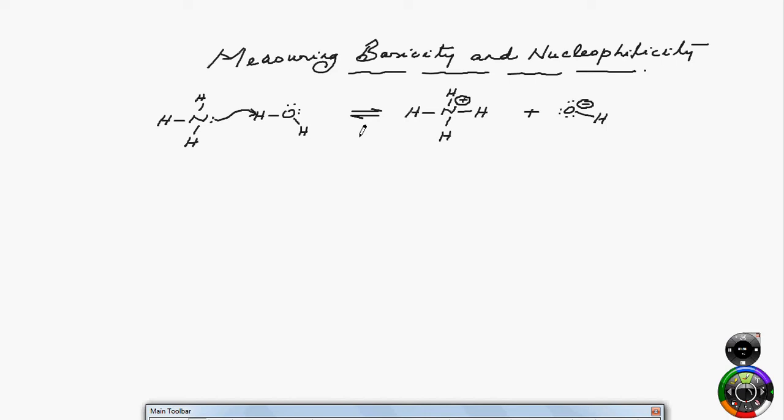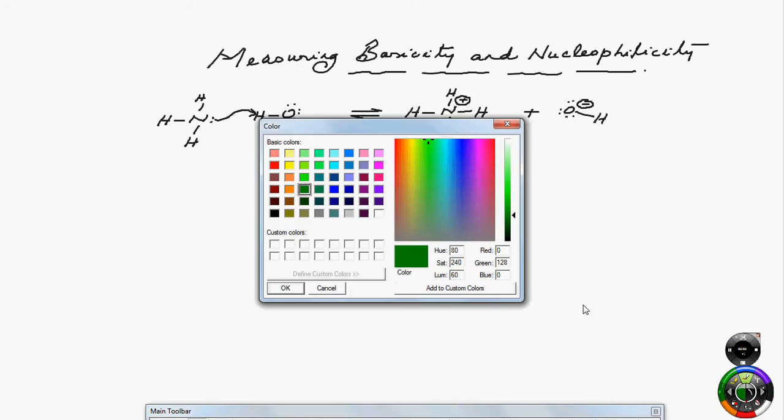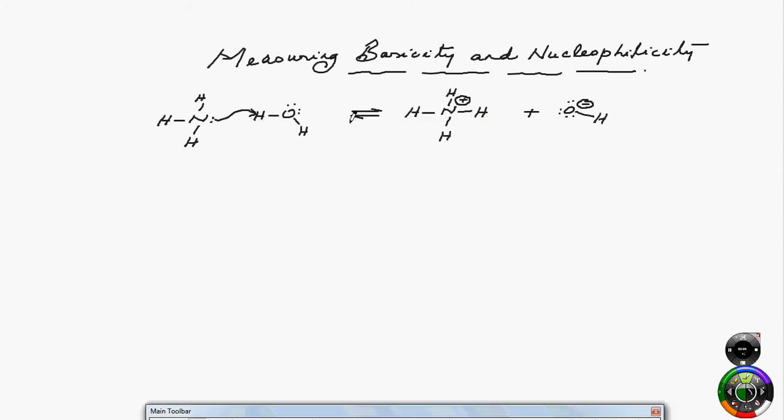Now what you must have noticed here is this reaction is reversible. Since it is reversible, there is going to be an equilibrium.